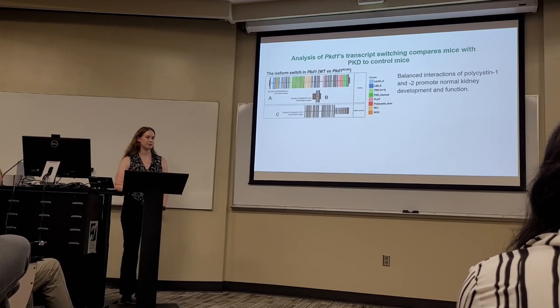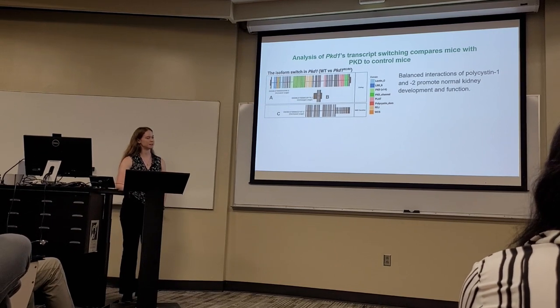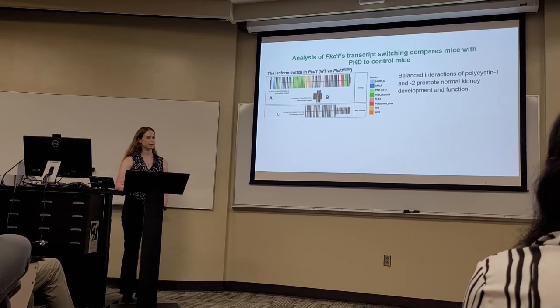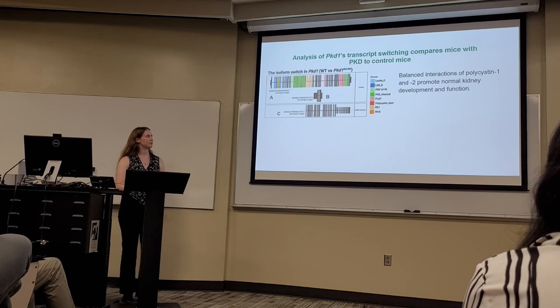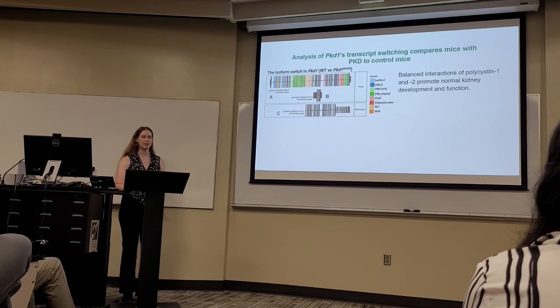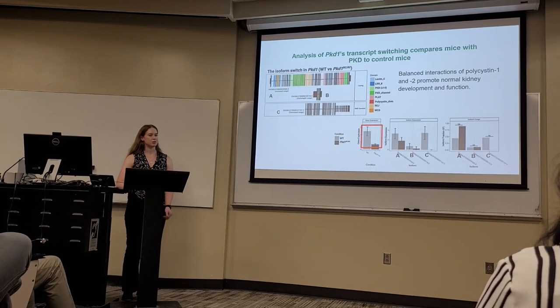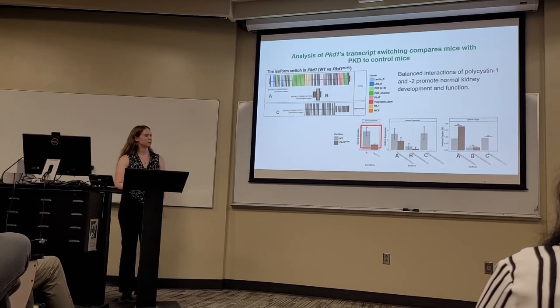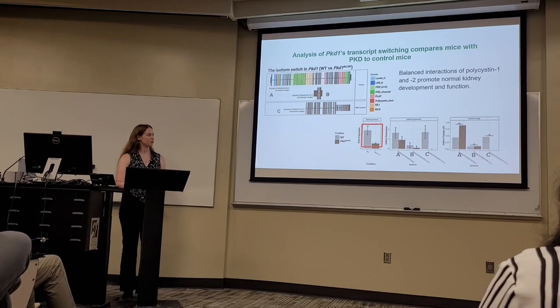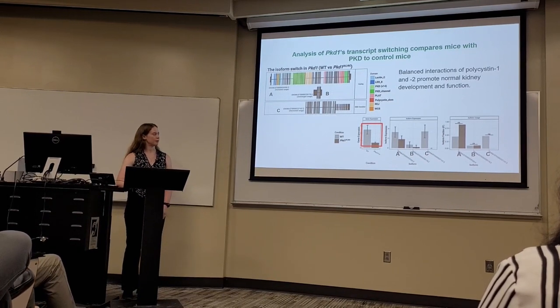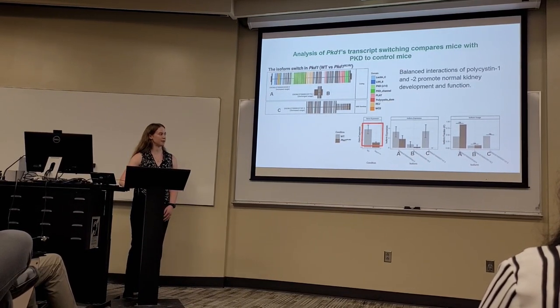The second gene I looked at was PKD1, which codes for polycystin-1, a cell surface membrane receptor. Here we can see the 3 different transcripts that can be produced from this gene, and again, they're color-coded by known protein domains. Our analyses showed a decrease in the level of gene expression of PKD1 during PKD, which is our RCRC model in black, compared to our control wild-type model in gray.